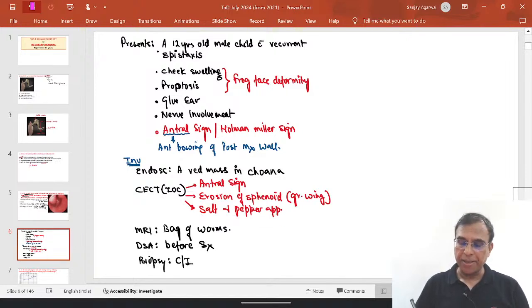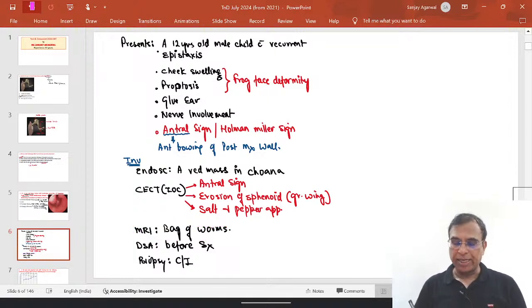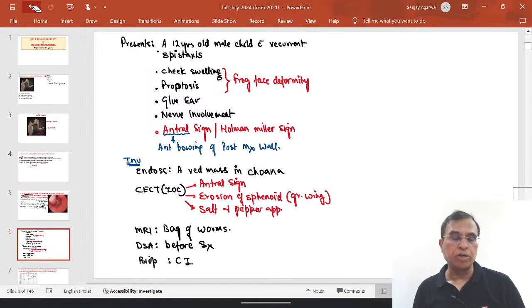This salt and pepper appearance on CT scan is called bag of worms on MRI. And you can do DSA, digital subtraction angiography, and biopsy is contraindicated. So these are the other important points about angiofibroma.